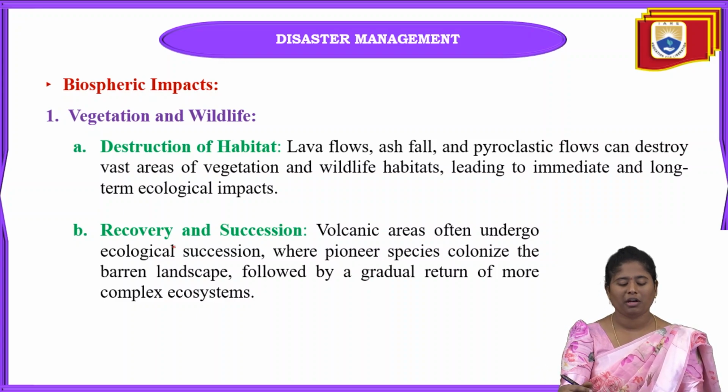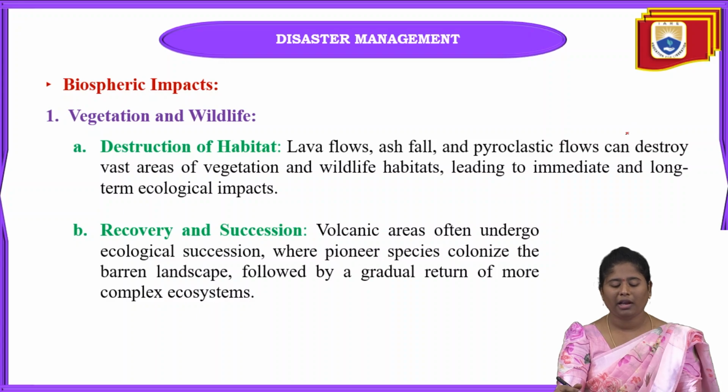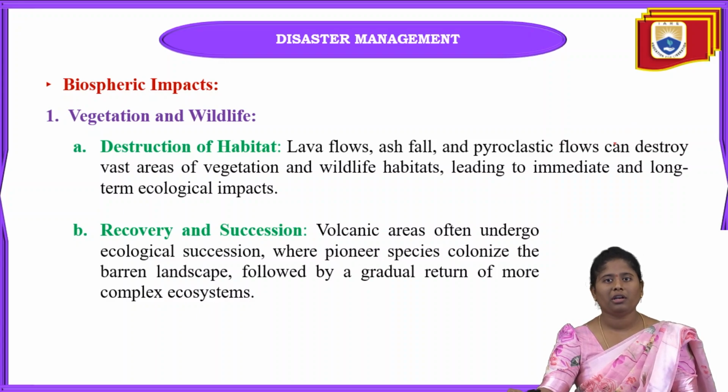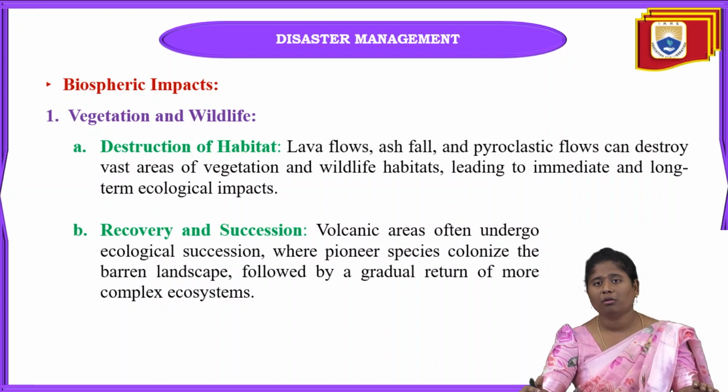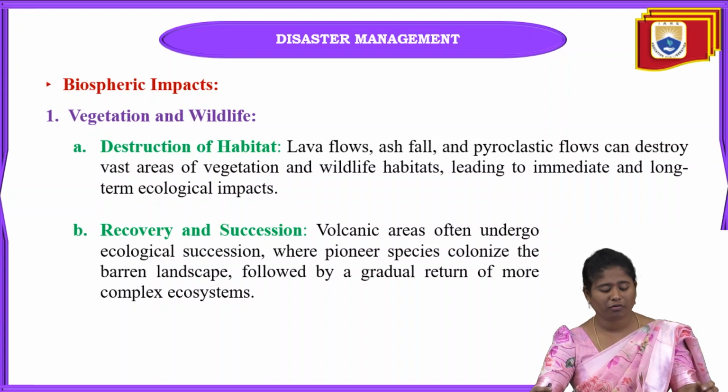And the next one is recovery and succession. After a volcanic eruption, volcanic areas will undergo ecological succession. Some of the species can't escape from the eruption, and this will automatically be followed by the gradual return of a very complex ecosystem.